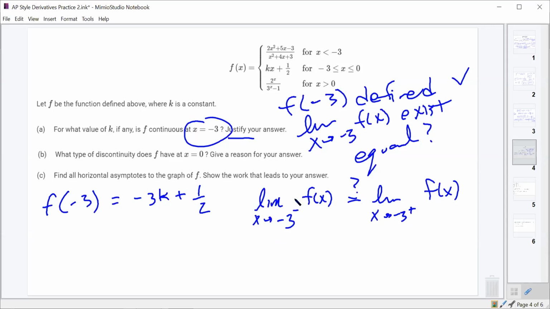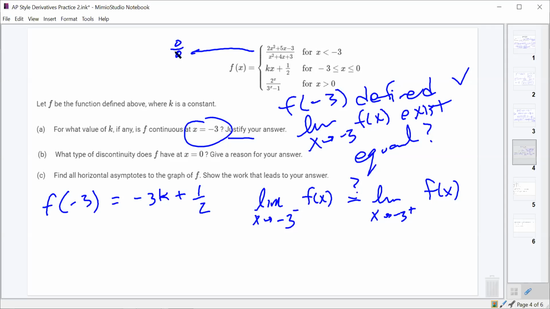So as we come from the left-hand side, what's the limit as x approaches negative 3? If you plug in negative 3 to this, it looks like you get 0 over 0. So now we've got a couple of different ways to deal with this. One is we can factor and solve. Or the other is, what rule can we now use?